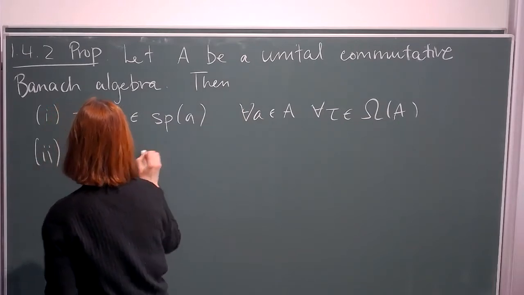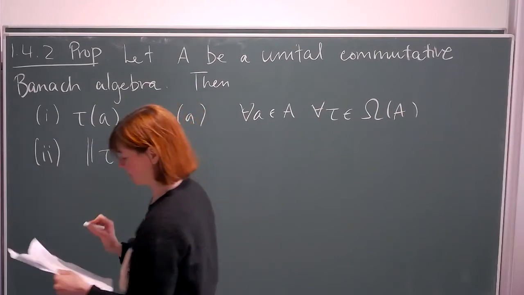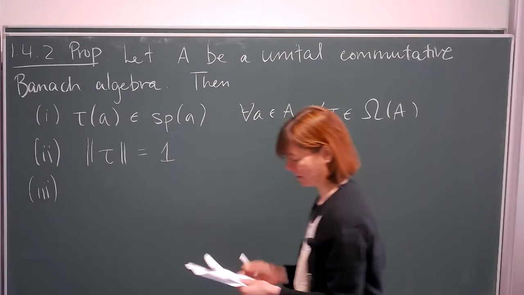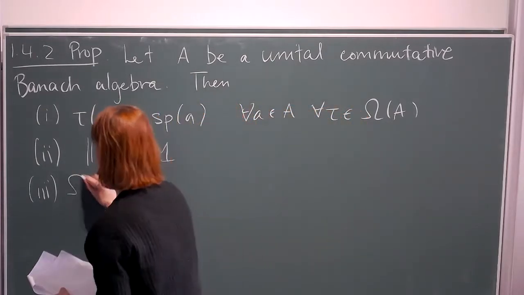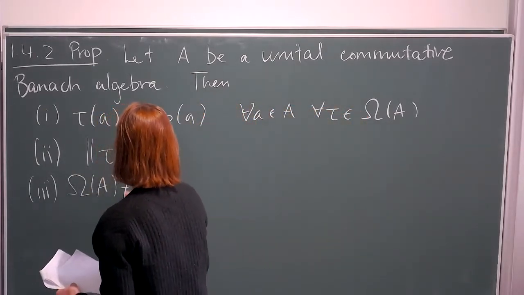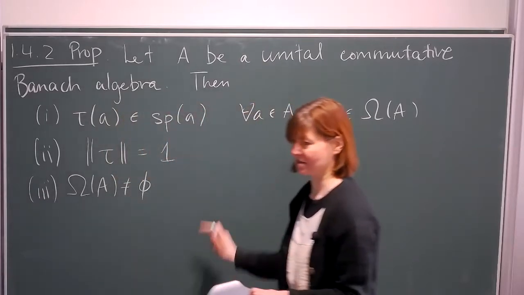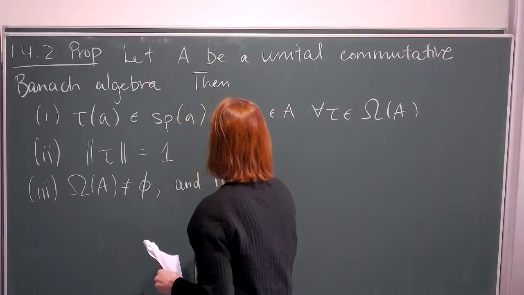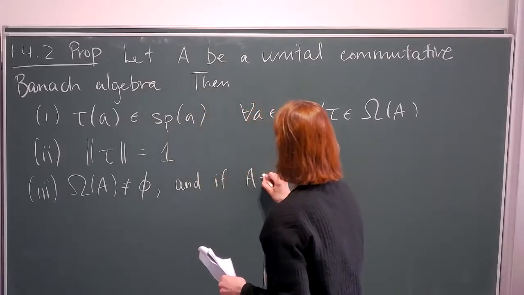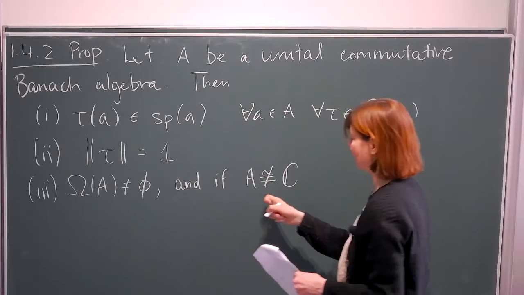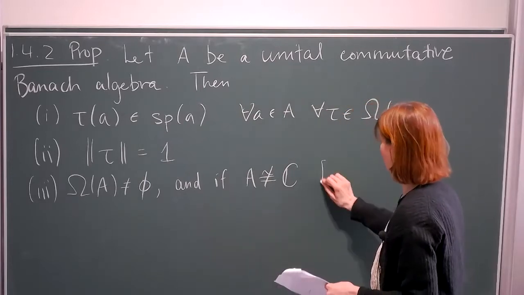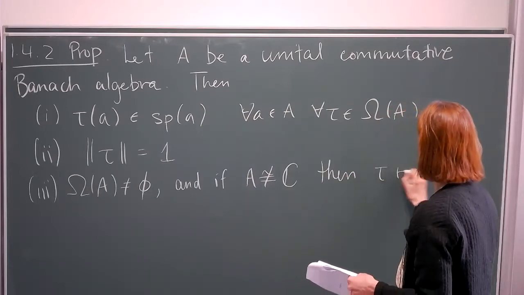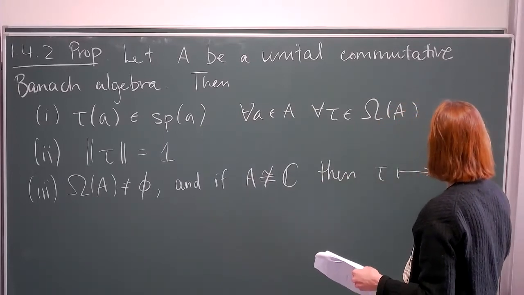A character will always have norm 1, and here's how we relate to the previous section. First of all, the character space is always non-empty. And if A is not just the complex numbers, then we can identify tau with its kernel.